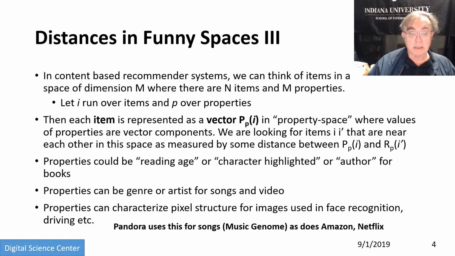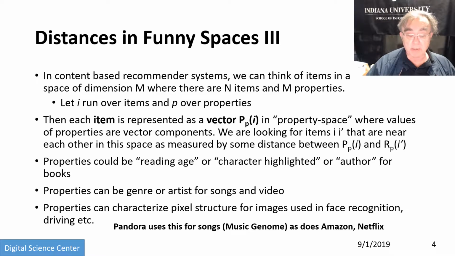And this type of content-based recommender engines, again, think of them as vectors, but they don't have quite the same features of having lots of non-valid entries. And this is used by Pandora, which uses content-based recommenders, the so-called music genome.